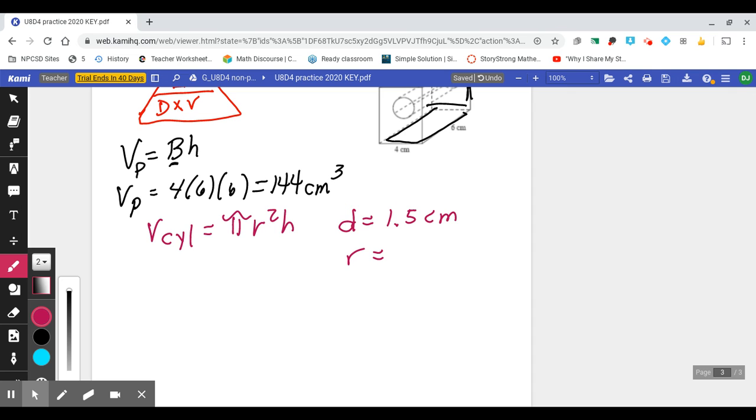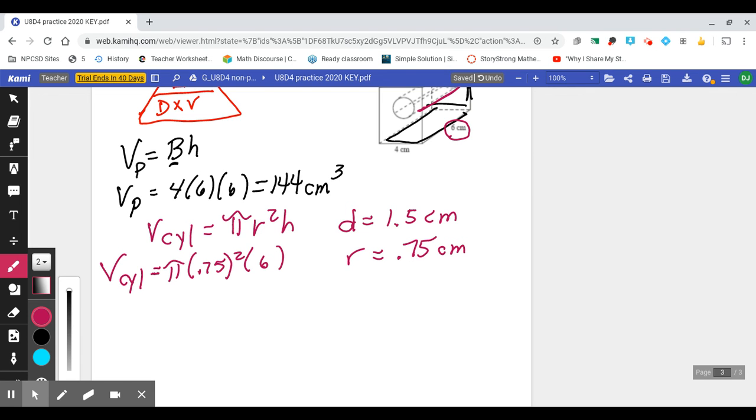You could use your calculator to take 1.5 divided by 2, but you could also think money, right? $1.50, what's half of that? 75 cents. So 0.75 is going to be the radius. So now I'm going to find the volume of the cylinder, which is pi times 0.75 squared. Now remember, the height is this entire length of that cylinder, which is 6.